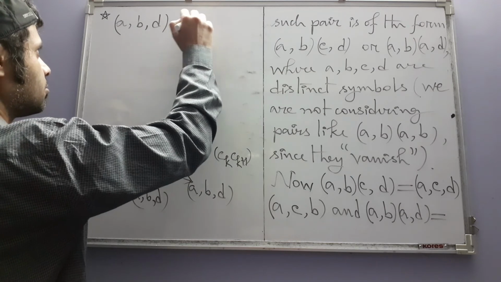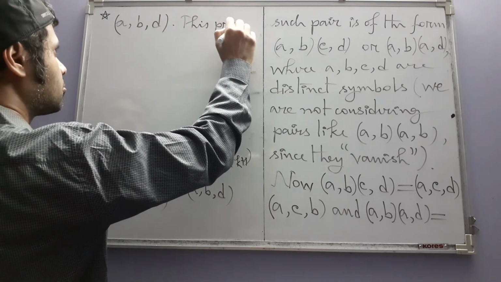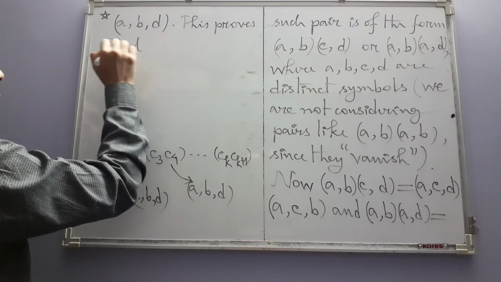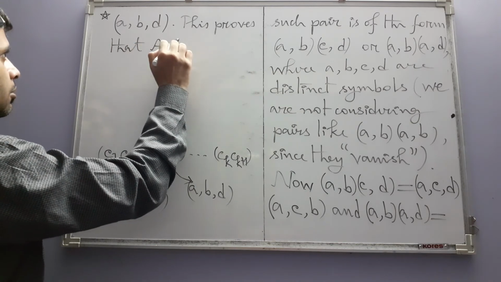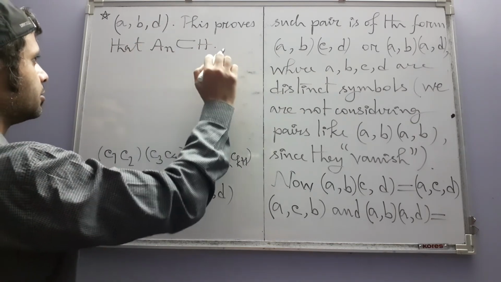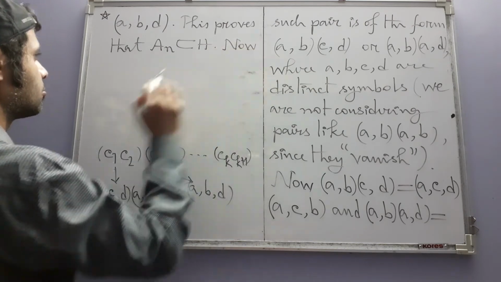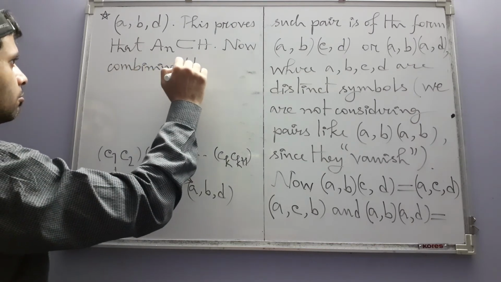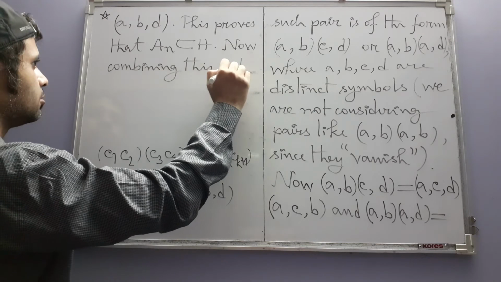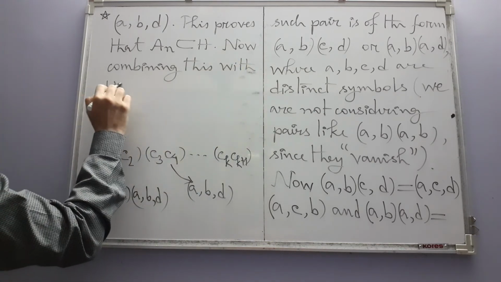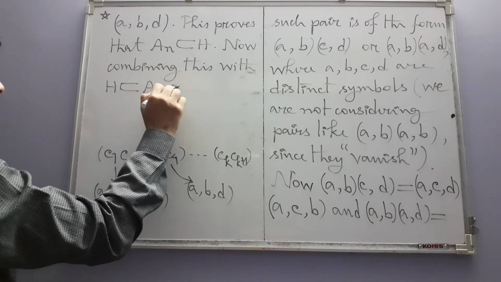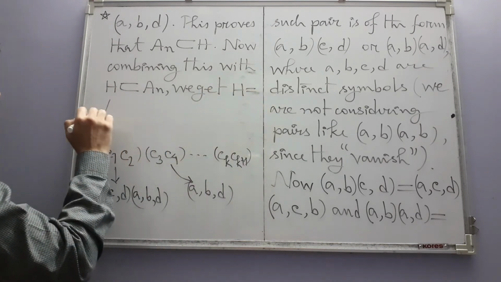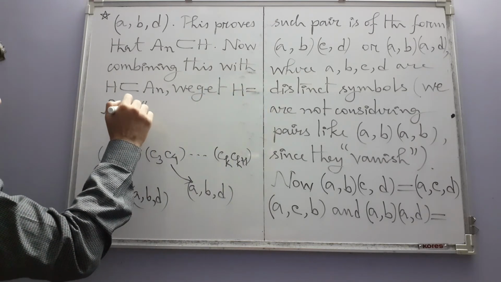This proves, we just directly write the conclusion, that A_n is contained in H. Now combining this with the relation that H is contained in A_n, we get H equal to A_n, and here the solution ends.